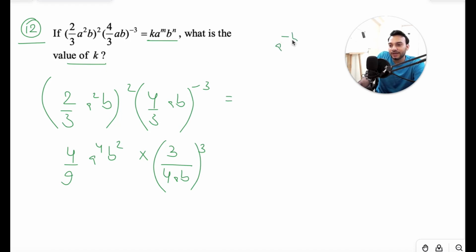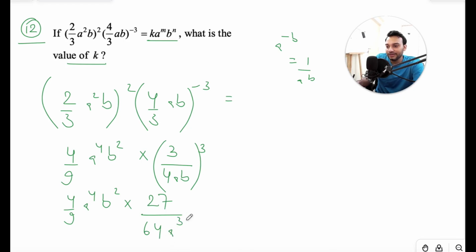It's like a raised by negative b is 1 upon a raised by b. Now let's open the second bracket as well. So 4 over 9 a raised by 4 b squared times 3 cubed 27 over 4 cubed 64 a cubed b cubed. Let's simplify this.